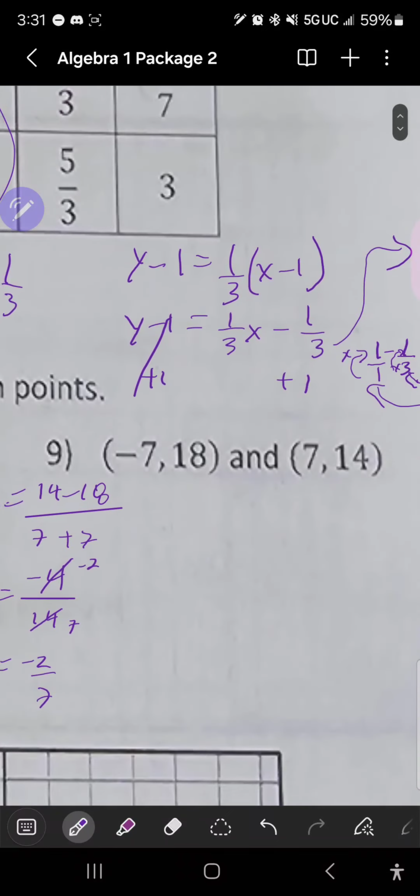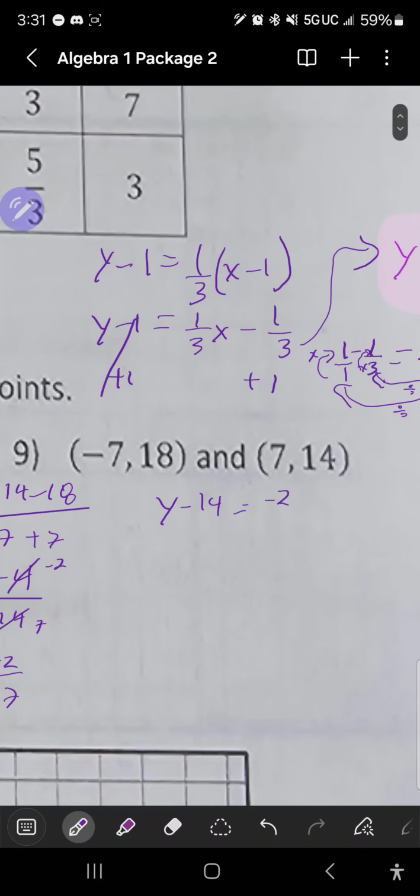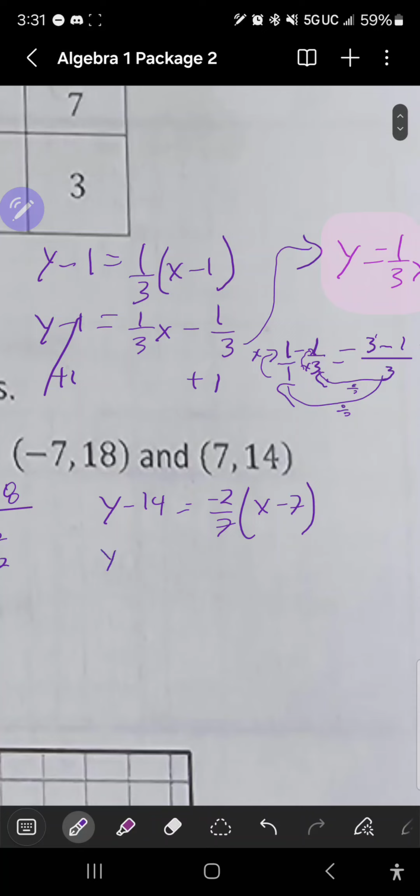Now we have our slope, so we say that y minus 14 equals negative 2 over 7 times x minus 7. So y minus 14 equals negative 2x over 7, or negative 2 over 7 x.